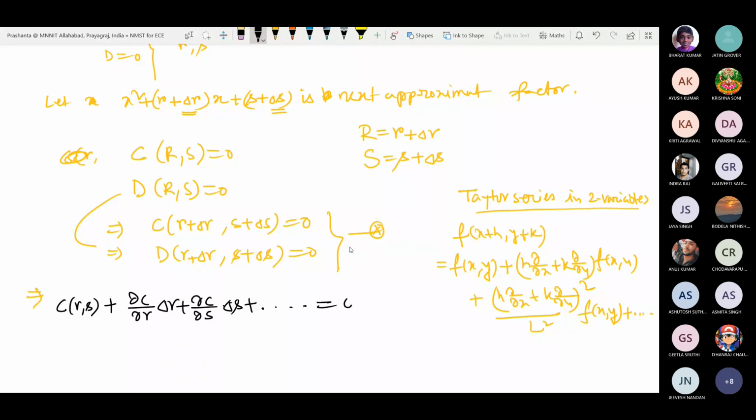So this equals 0, neglecting the higher order terms, and another equation you will get: d of r comma s plus del d by del r delta r plus del d by del s delta s, and the higher order terms, equals 0.